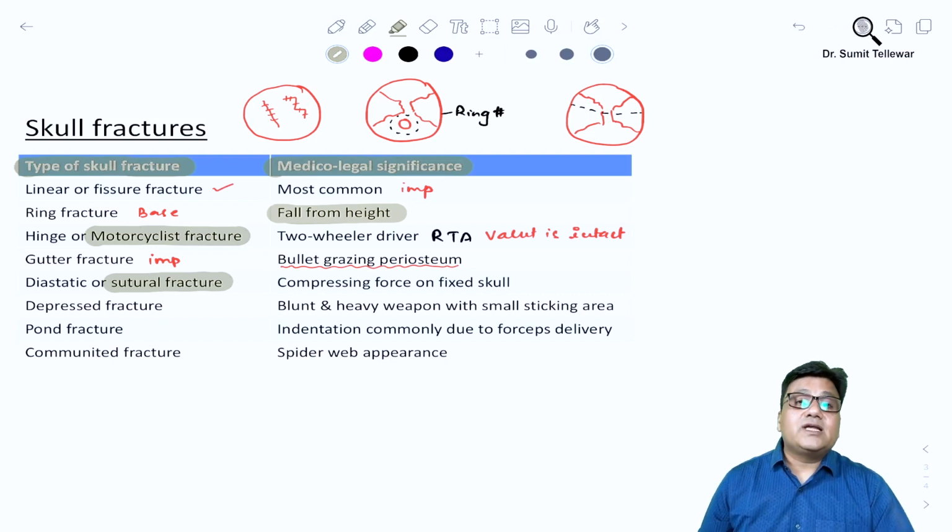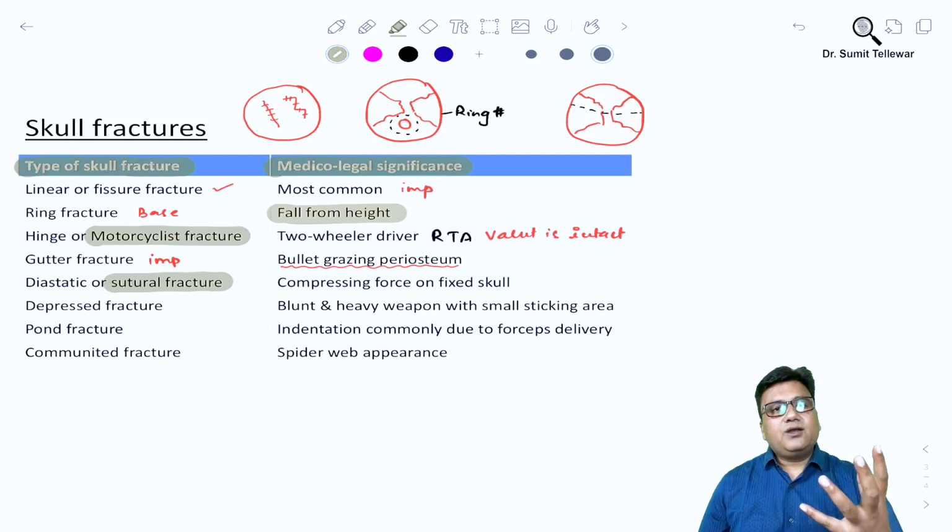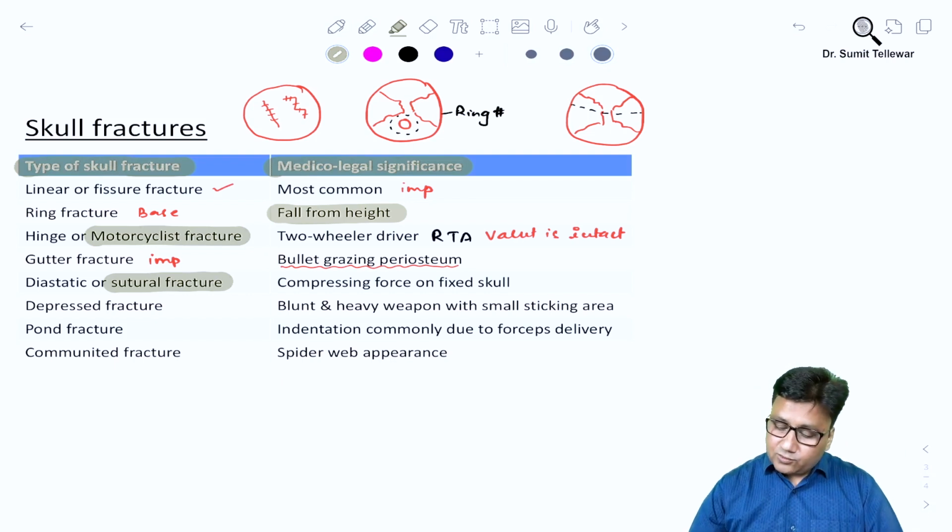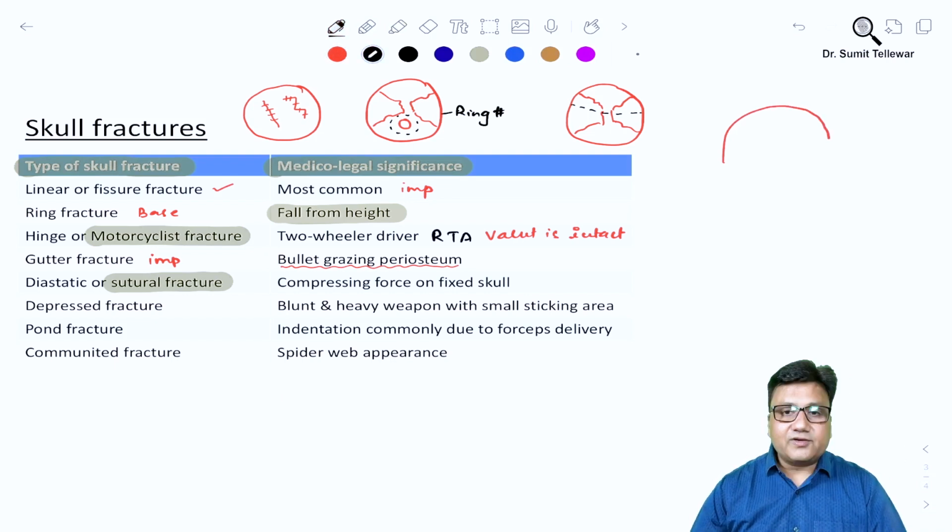Then we have something called a depressed fracture. A depressed fracture is seen on the vault of the skull, or the curvature of the skull. Let's say this is the curvature of the skull, and we hit the curvature of the skull with a hammer.